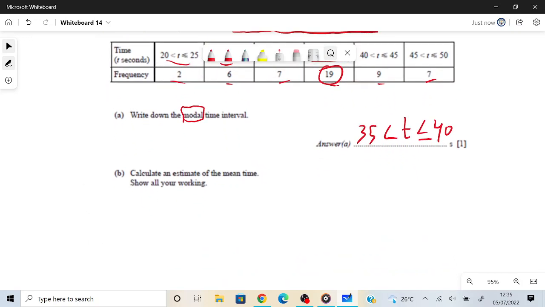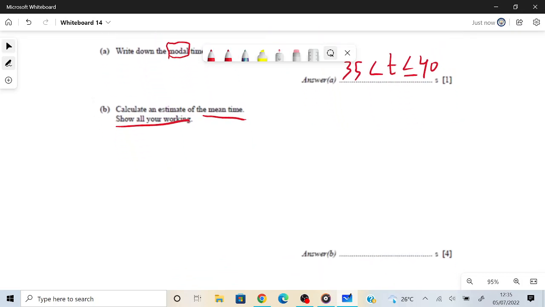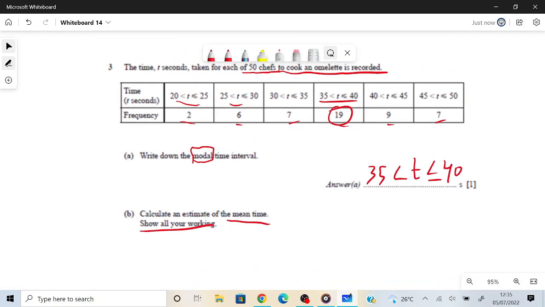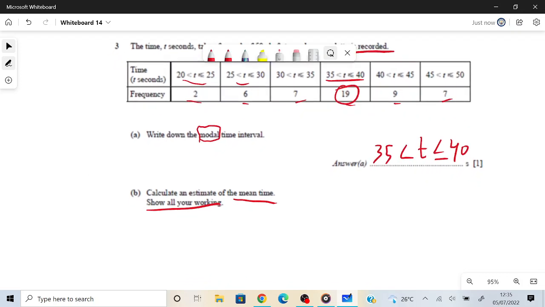It says calculate an estimate of the mean time, show all your working. So okay, first things first, we need to find the midpoints, or the mid values rather, of the class widths or the range. So 20 and 25, mid value is 22.5, so you have 22.5 times 2, because that's the corresponding frequency.